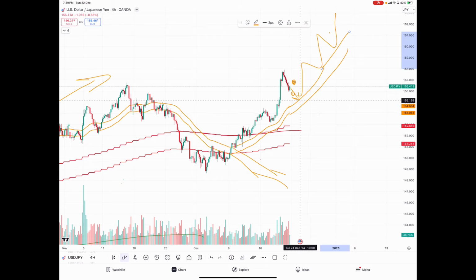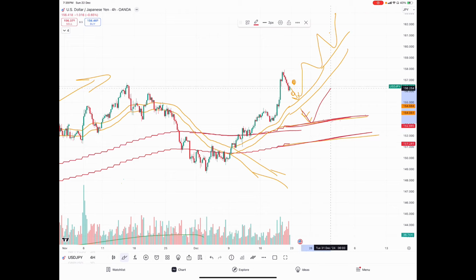Or it can break below, take support at these red lines. And then reverse from here. So we'll only look for bullish opportunities as the candles are above the red lines.